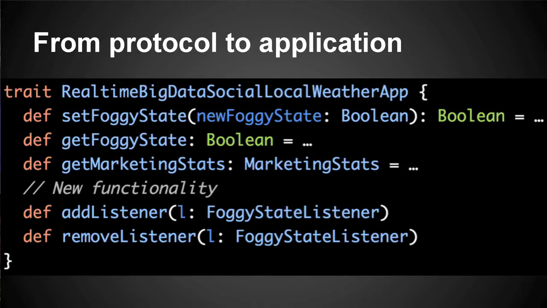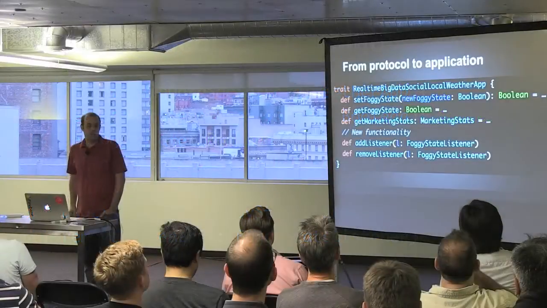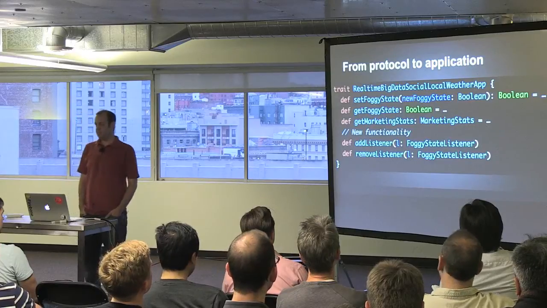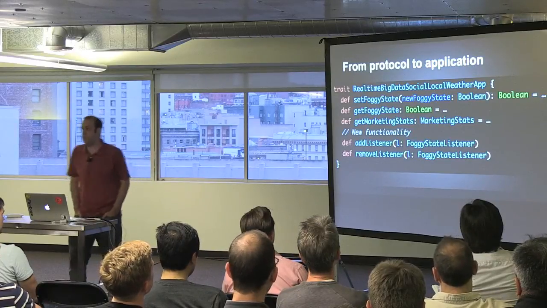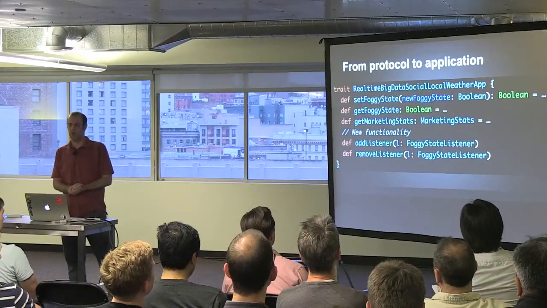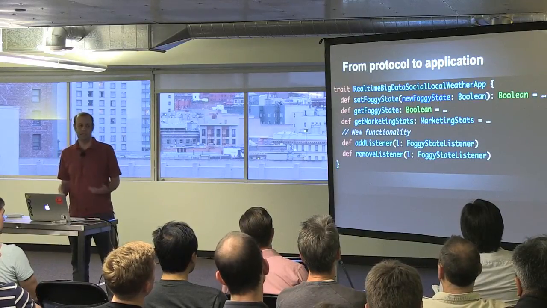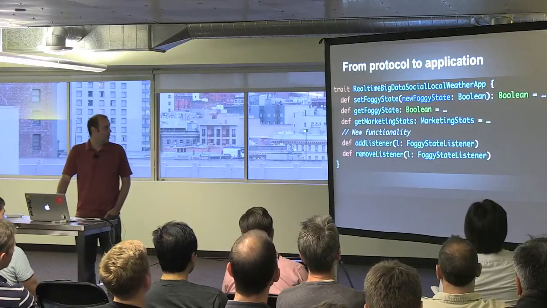OK. And here's what our application looks like now. One of the things to notice is that there's no longer anything HTTP specific in here. And that's because we have to deal with all these different protocols. But those different protocols don't really matter for the semantics and business logic of our application.